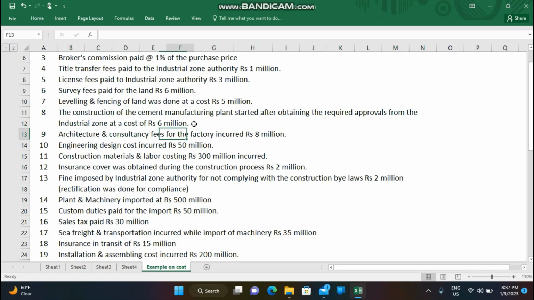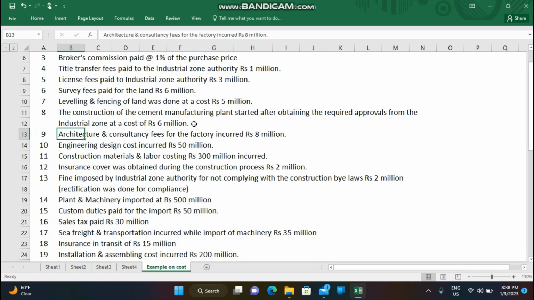Next is architecture and consultancy fees for the factory, rupees 8 million. They must have hired some architects to design the maps, and some consultancy fees is paid to them. They were preparing the architecture of the factory, and they paid rupees 8 million for that.